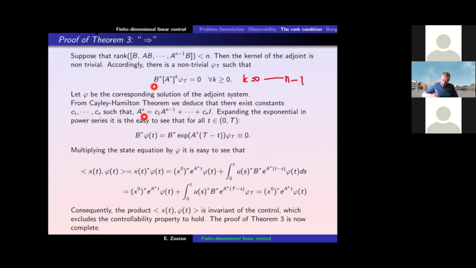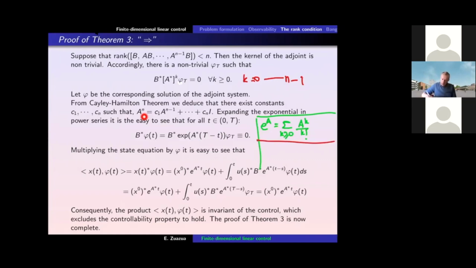Let me remind you, and this is where in the finite dimensional setting things are much simpler, that given a matrix, or in general a bounded operator on a Hilbert or Banach space, you can define the exponential of that operator by just writing the sum for k greater than or equal to 0 of A^k divided by k factorial.